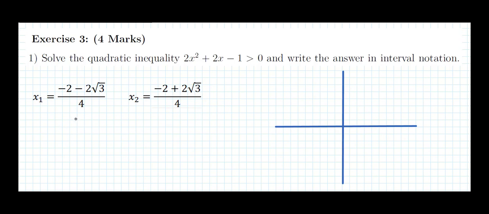Okay, now here is the situation. We have a quadratic function, 2x squared plus 2x minus 1, with positive a, which is equal to 2 here. So its graph must be a parabola. We have two zeros for this function, which are x1 and x2, and we deduce that the graph will be in this form. x1 is a negative value, whereas x2 is a positive value, very close to 0.